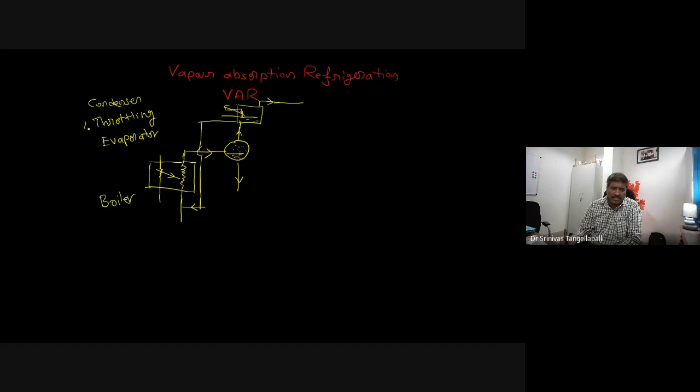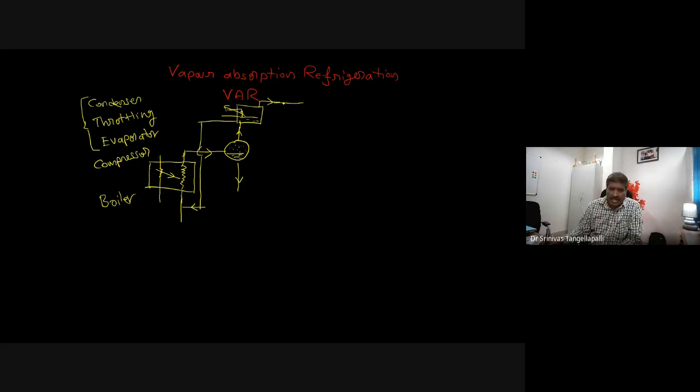So these three components are common in both the vapor absorption system as well as the vapor compression system. The difference is the compressor. Here we call the boiler and pumping system a thermal compressor, because we are not using any high grade energy. Whereas in a mechanical compressor, we have to supply a large amount of electricity, which is high grade energy, to operate the compressor. That is the basic difference between the binary fluid system and the single fluid system.